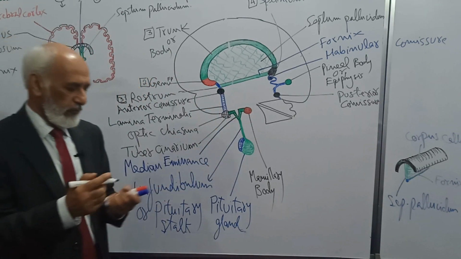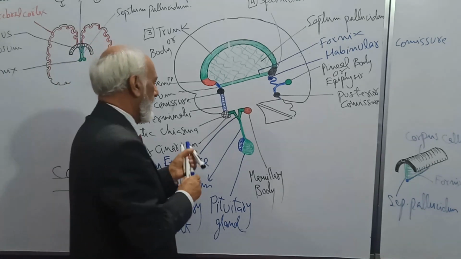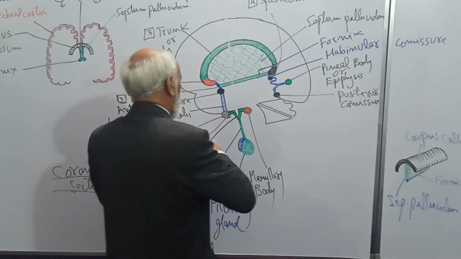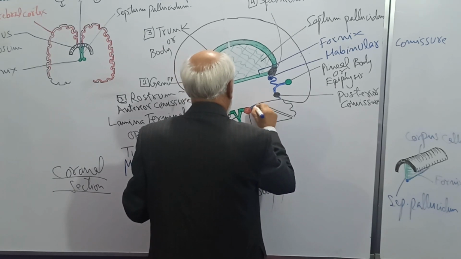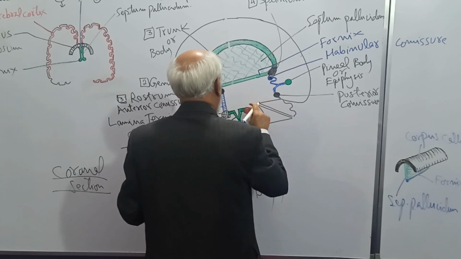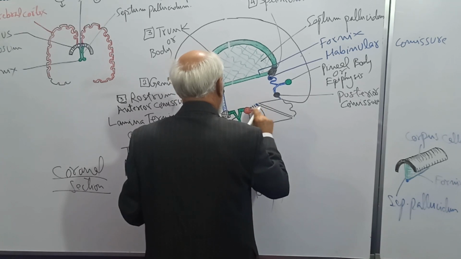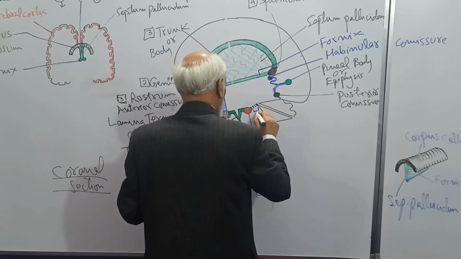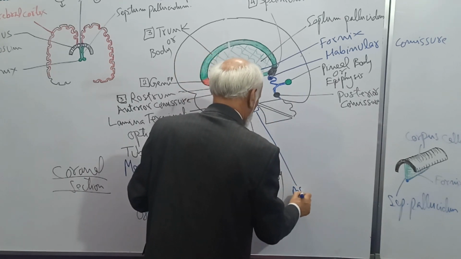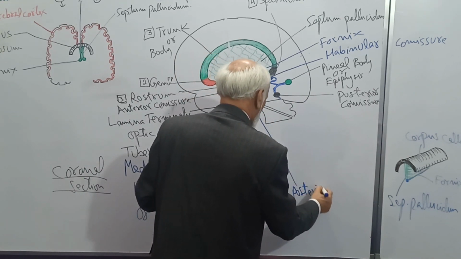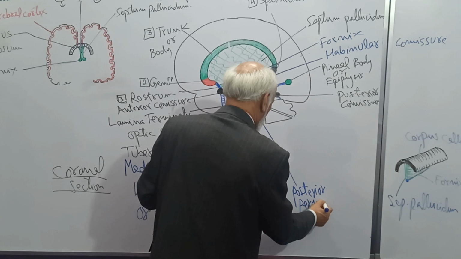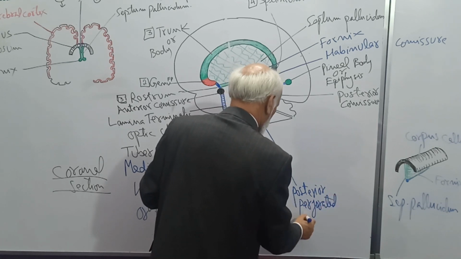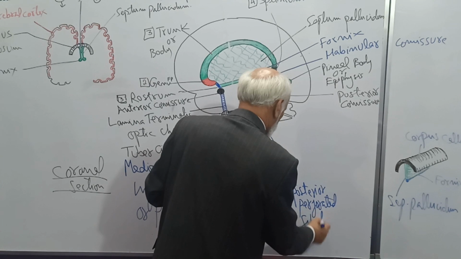Because it is a lateral view, you can see only one mammillary body. And posterior to the mammillary body, here the tissue is perforated, known as the posterior perforated substance.